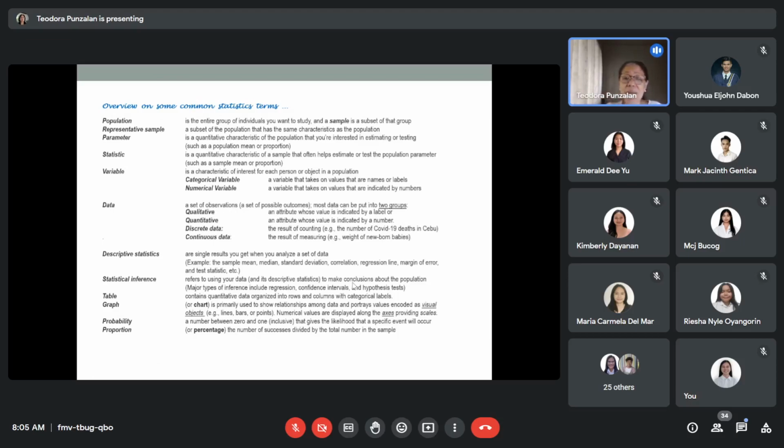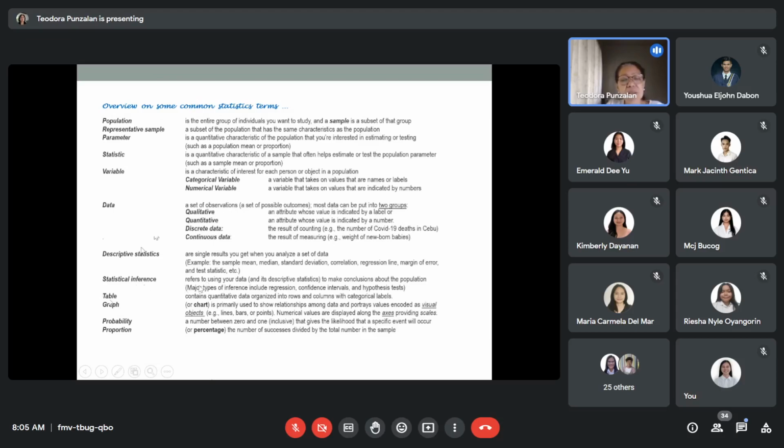So if that is part of it, that means you are in the inferential side of statistics. So descriptive stat and the inferential stat. Okay.